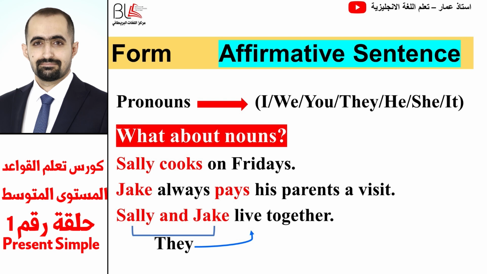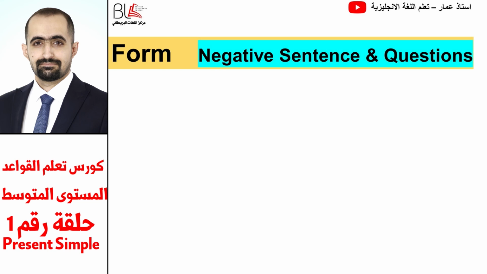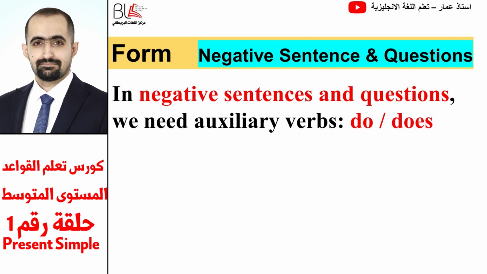They live together. Now, negative sentence and questions. الجملة المنفية والأسئلة. In negative sentences and questions, we need auxiliary verbs, do and does. في الجمل المنفية والأسئلة نحتاج أفعال مساعدة, auxiliary verbs, وهي do و does.